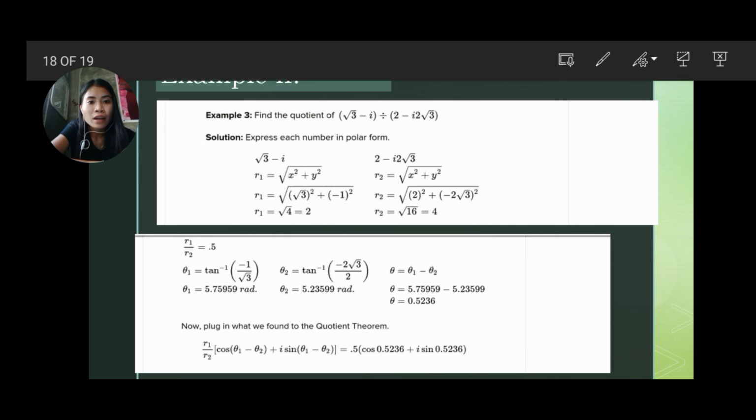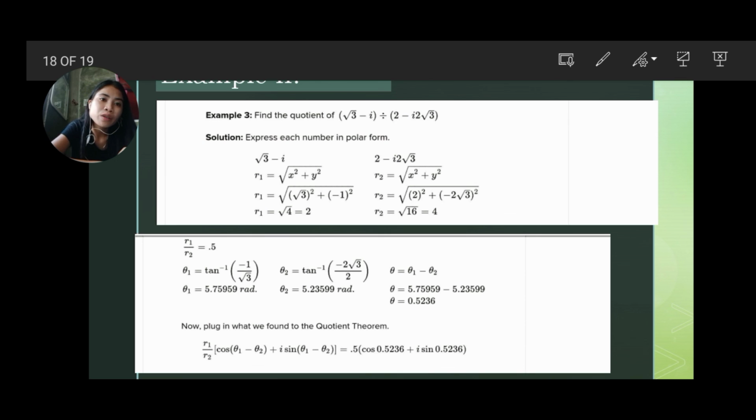We need to compute theta sub 1 as the inverse of tan of the quantity negative 1 over square root of 3, which is 5.75959 rad, and theta sub 2 as the inverse of tan of negative 2 square root of 3 over 2, which is 5.23599 rad.